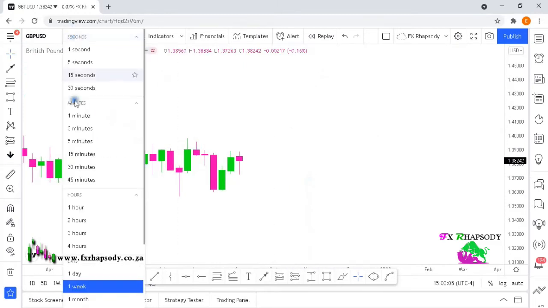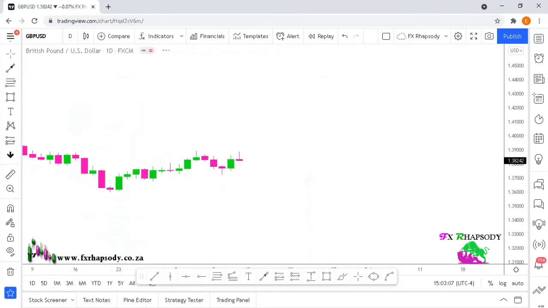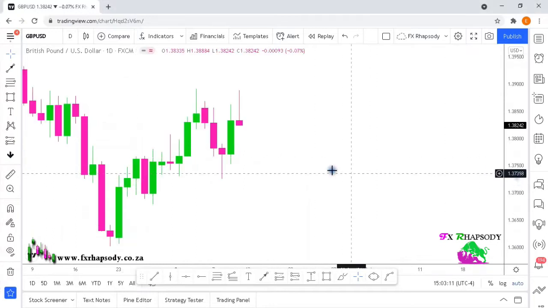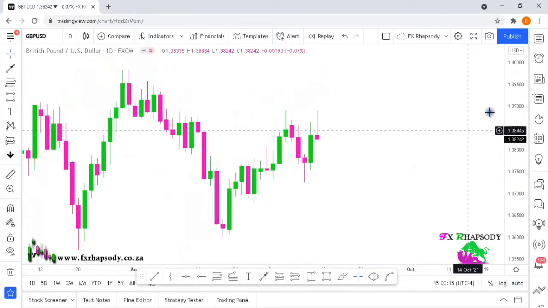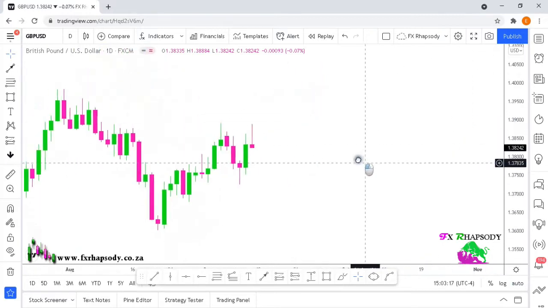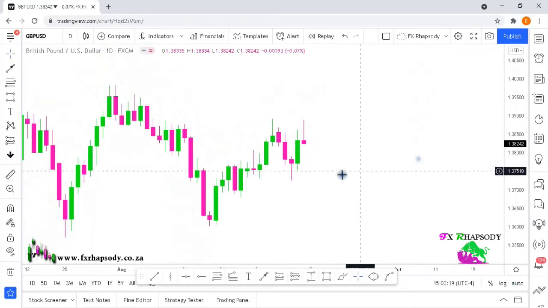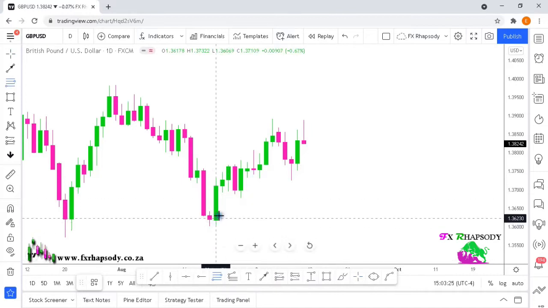So on a daily time frame, let's just expand this. There we can see it. So I just wanted to show you this. Price was making its way to the upside.